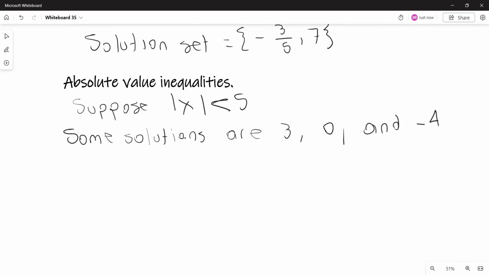And numbers such as 6, negative 8, 5, and negative 5 are not solutions.